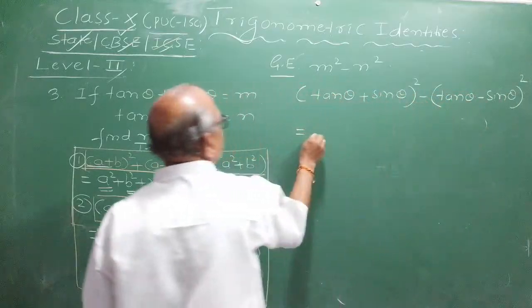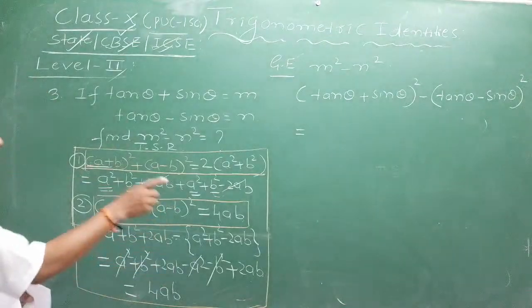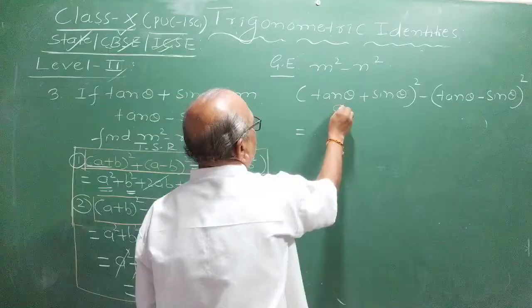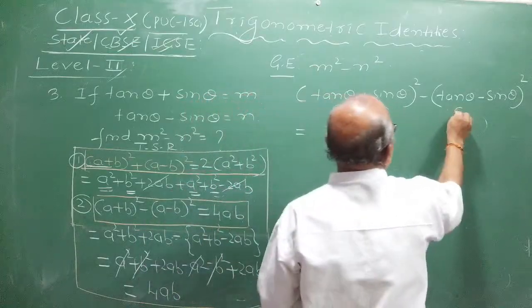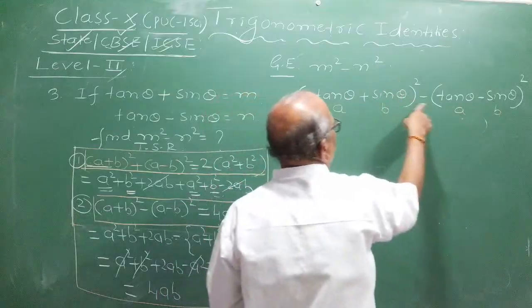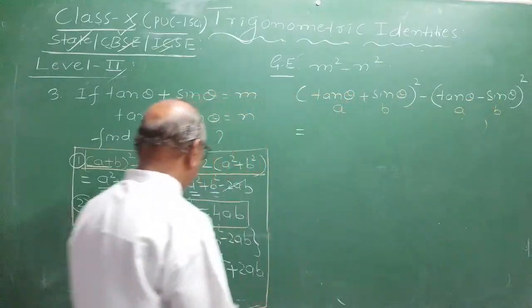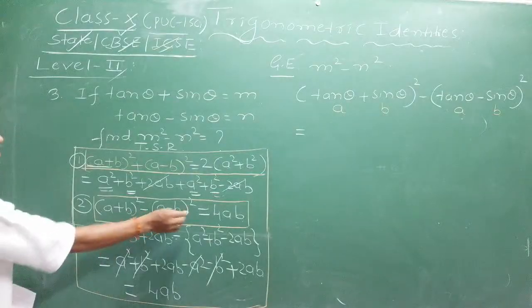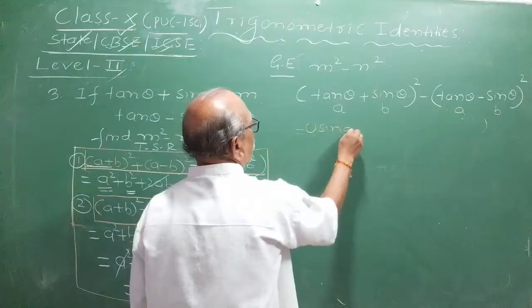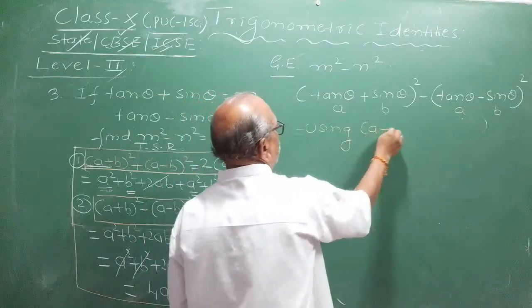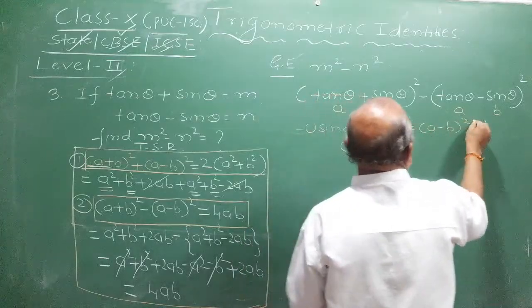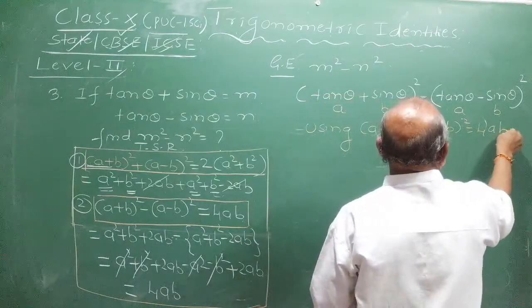Observe here, this is A, this is B, this is A, this is B, isn't it? Is it not (A plus B) whole square minus (A minus B) whole square? What is (A plus B) whole square minus (A minus B) whole square? It is 4AB. Using this, even if your examiner doubts you, (A plus B) whole square minus (A minus B) whole square is equal to 4AB.